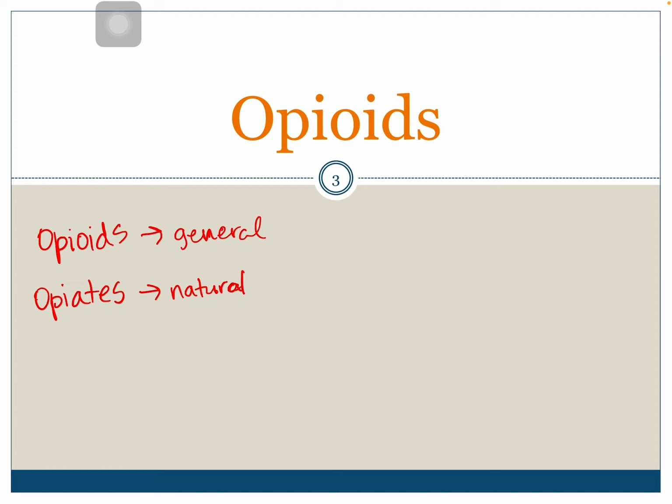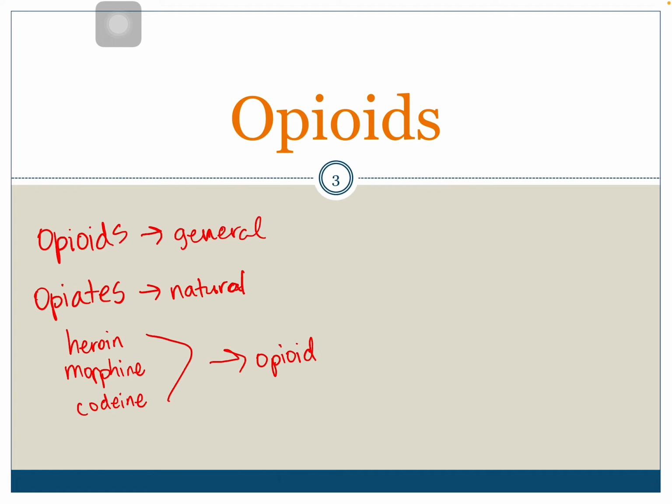So a natural opioid, for example, would be heroin. So heroin, morphine, codeine, these are all natural opiates. Now, because they are natural opiates, they actually do fit into the category of an opioid.